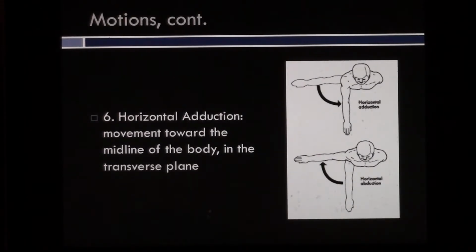Here we have a picture of it, although this is from overhead, as if you're looking down at the top of somebody's head. The horizontal adduction is the part where he's moving his hands toward each other, as if he had another hand here coming toward the other one. So that's horizontal adduction, bringing that arm closer toward the midline of the body in that transverse plane.